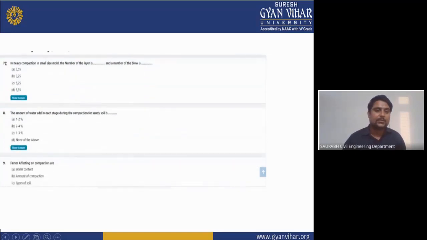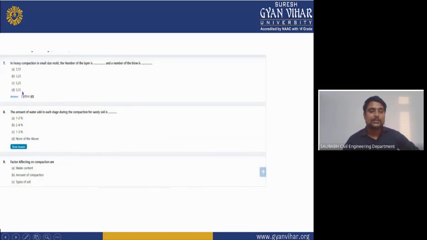Come to the next question. In heavy compaction, in the small size mold, the number of layers is and the number of blows is. We have done this question, but it is asking for heavy compaction, not light compaction.